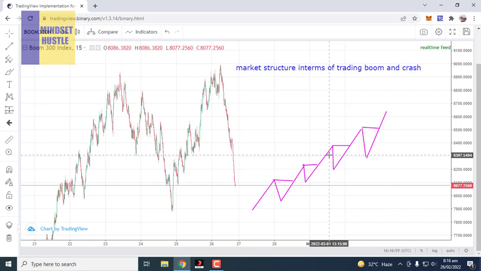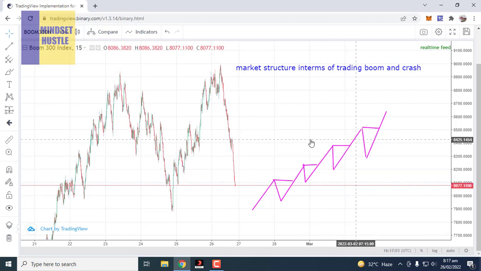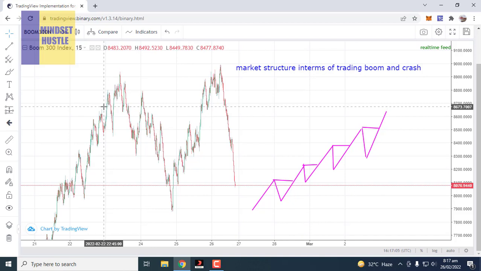Meanwhile, let's continue. All right, so as I was saying, we need structure to be able to do proper trading. Structure gives us where the market is heading. So structure tells us whether the market is in an uptrend or in a downtrend.